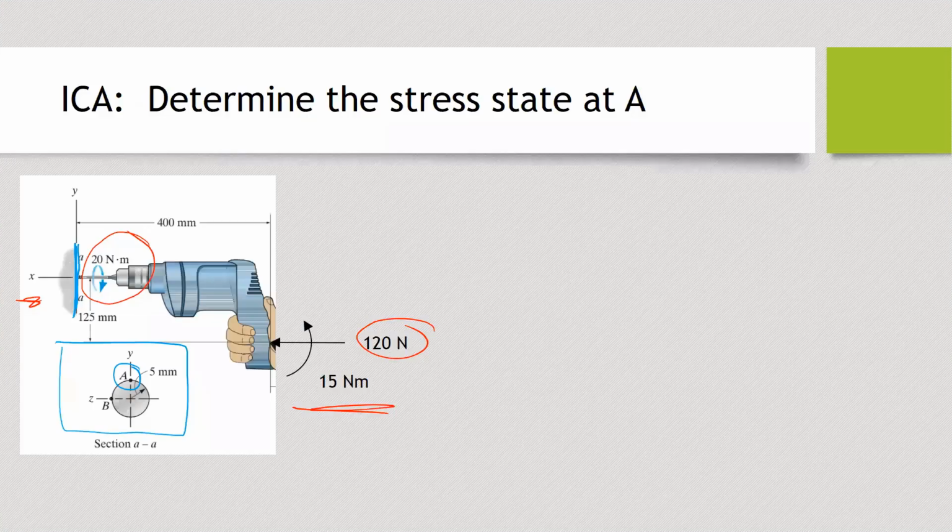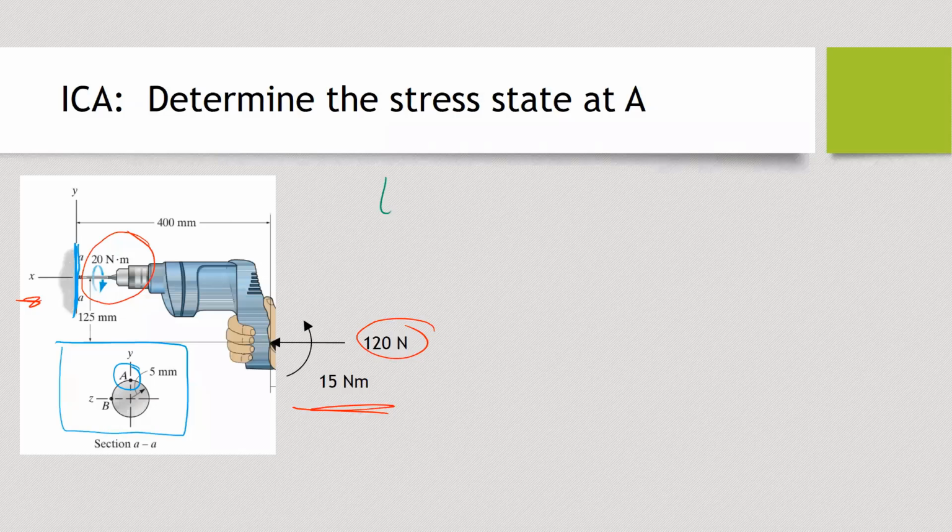Okay, let's go ahead and look at the solution for this. So we have this applied torque, the 20 Newton meters, about the x-axis, and there are no other moments about the x-axis. Because that x-axis is along the length of that shaft, we know that's going to act as a torsion. That moment is going to be twisting about the longitudinal axis.